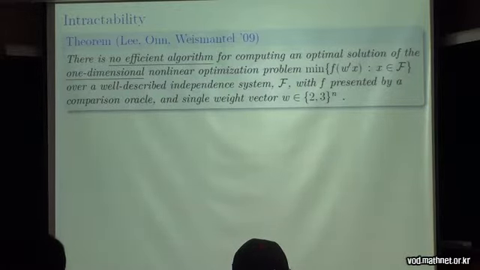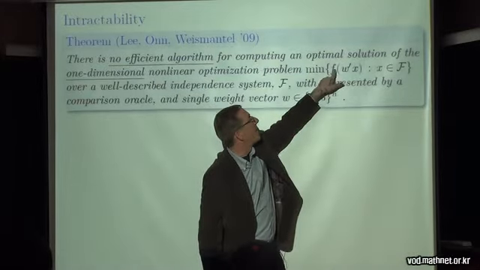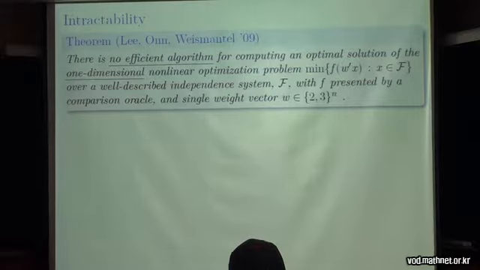Let me just jump ahead and tell you there's a very closely related problem which you can solve in polynomial time. It's the following. This is my problem, right? I have one row of W, the entries are 2s and 3s, and little f is only given by a comparison oracle, but I know I can solve linear objective optimization problems over calligraphic F. I can't give you the optimal solution always to such a problem, but here's what I can do.